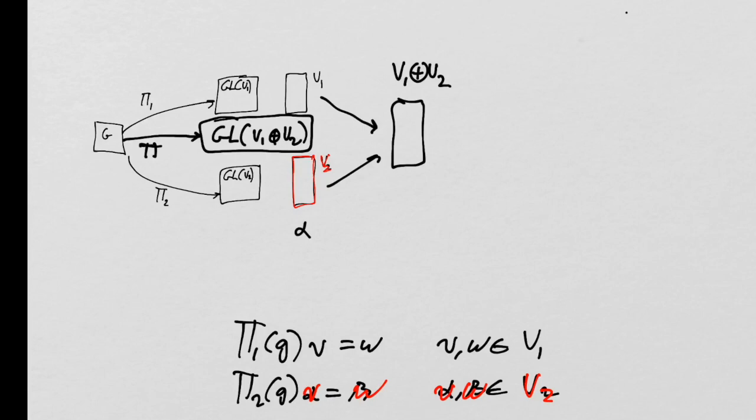I can create pi if I know pi 2 and pi 1. Because remember, there's not necessarily just one.